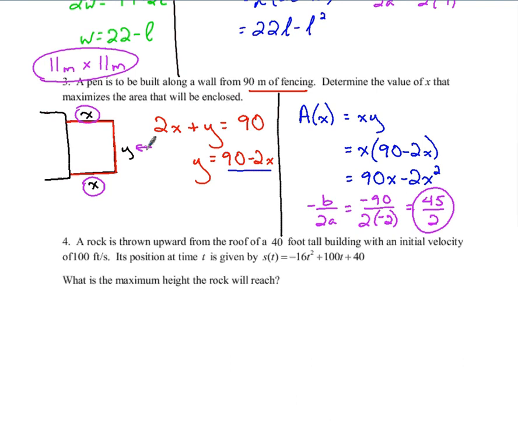Another possibility would be 90 minus the 2 times this 45 halves. You know what that is? 90 minus 2 times 45 halves? Come on, you can do that. You got this. It's 45. Good. So the other possibility could be 45. Yeah, this problem's a little open to interpretation because of how you arrange your variables over here.